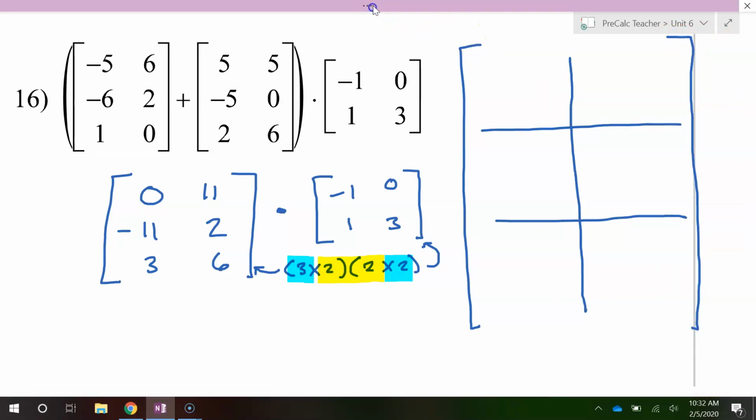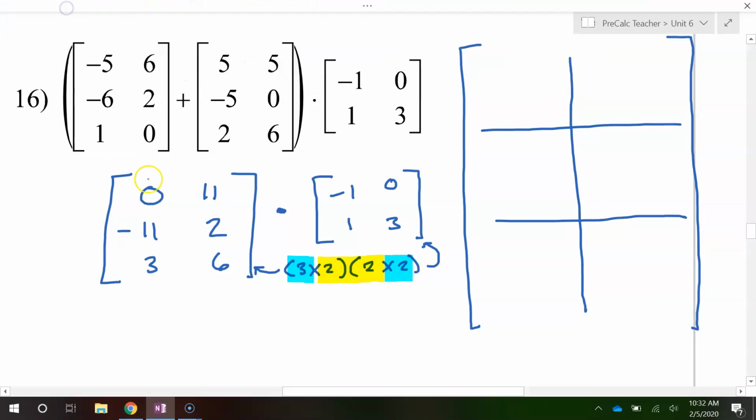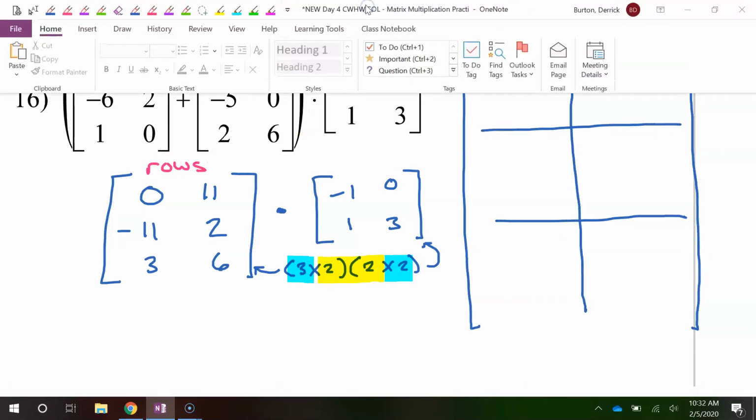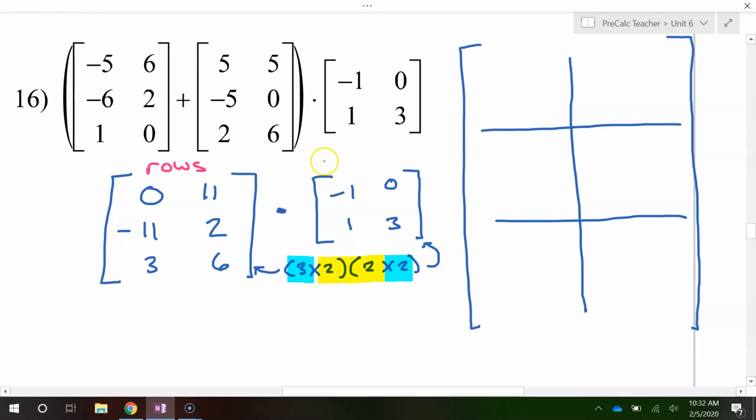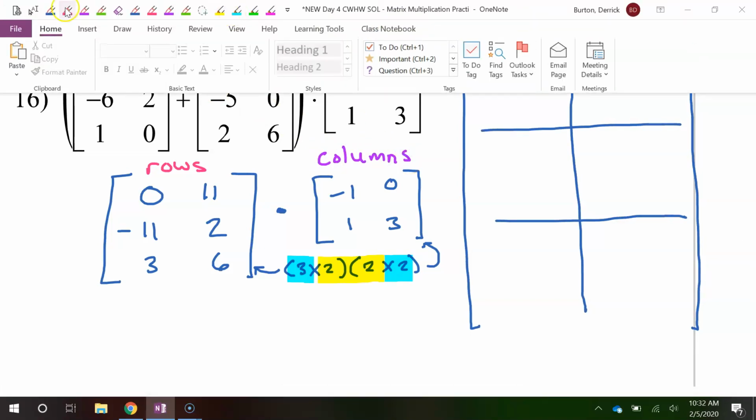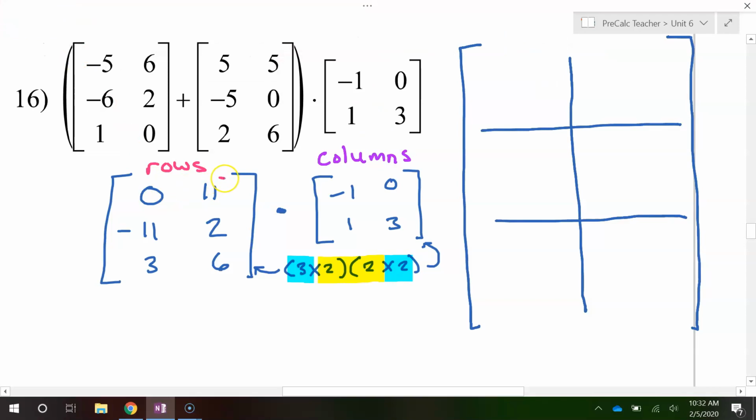Okay, now what do we do? We are going to grab the rows from the first matrix, and we will grab the columns from the second matrix. Now, this part is pretty straightforward. Row 1 goes across row 1. So I'm talking about 0, 11, 0, 11.